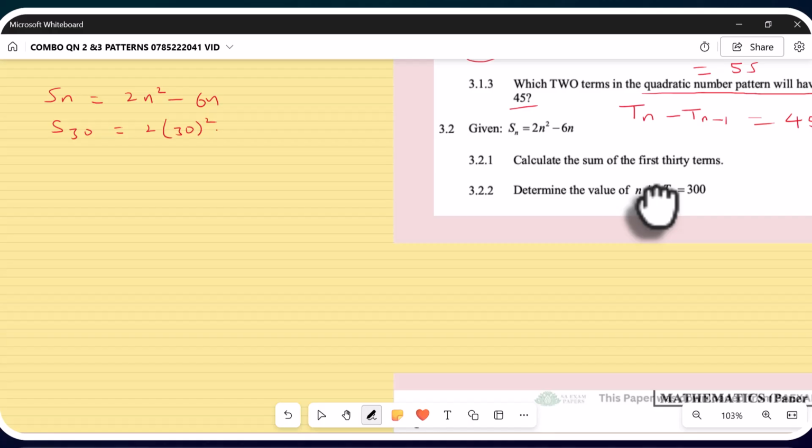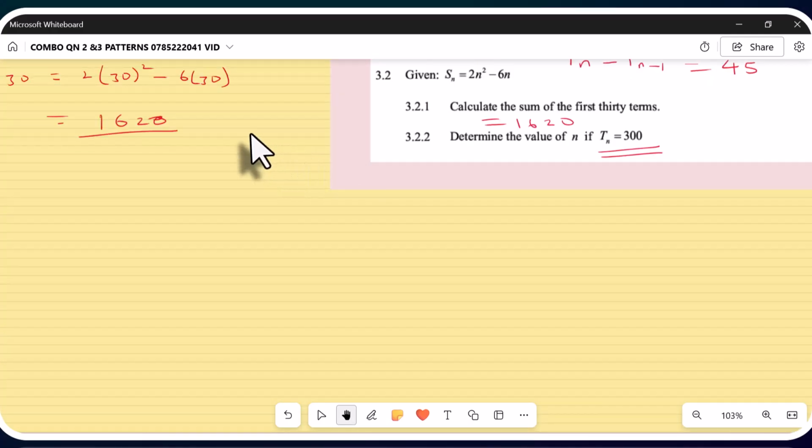Then they say determine the value of n if Tn equals 30. The value of n, if Tn is 30, how do I get it now? Because I have the Sn, I'm getting my T1. My T1 is the same as S1, because the sum of the first term is 2 into 1 squared minus n minus 1.